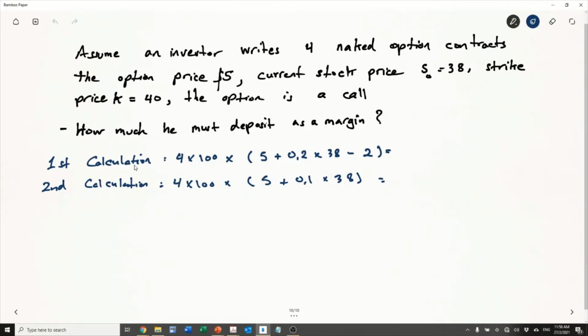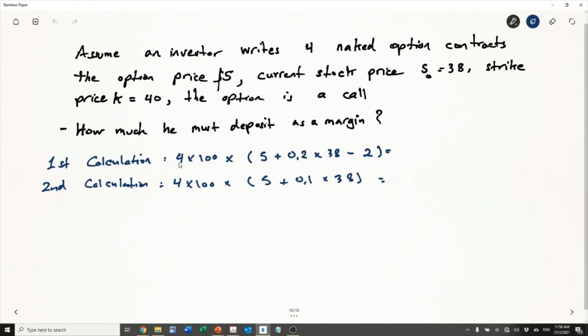The first calculation is 100% of the proceeds of the sale. Now, how do we calculate the proceeds of the sale? The investor wrote 4 naked option contracts, and each option contract includes 100 options.